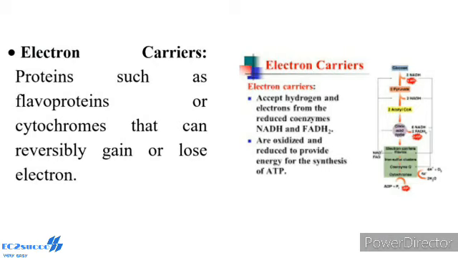Another one, electron carriers. Proteins such as flavoproteins or cytochromes that reversibly gain or lose electrons. In the electron transport chain, the inner mitochondrial membrane contains proteins which are proton, ion and electron transporting enzymes. The enzymes are arranged in an orderly manner in a specific series called the electron transport chain, or mitochondrial respiratory chain, or electron transport system.